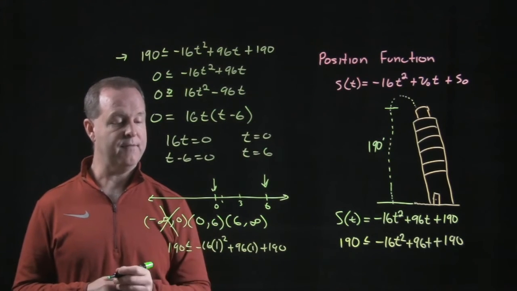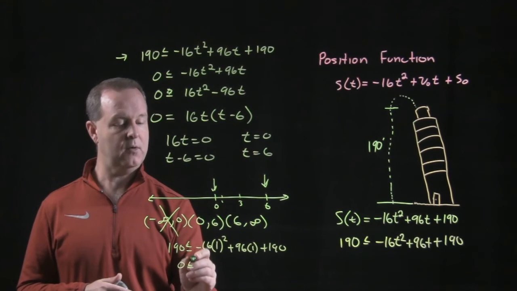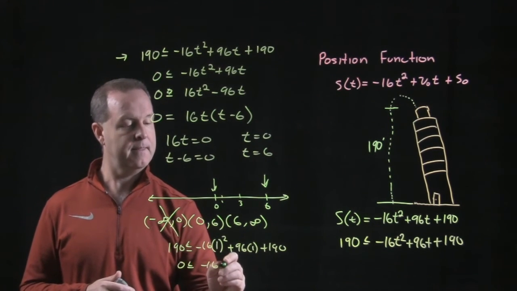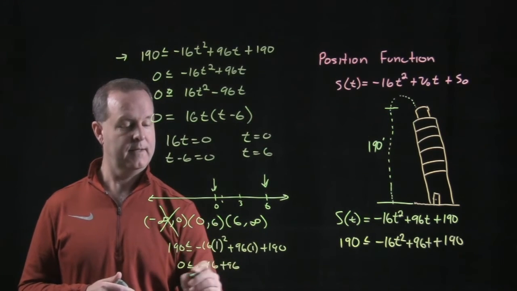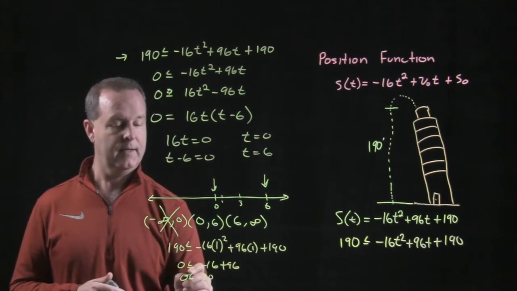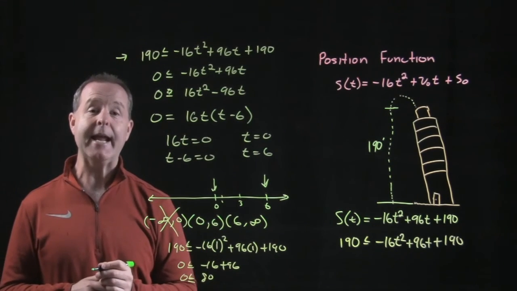I subtract 190 from both sides, which is fine. I'm just going to reduce it first. So then I have 0 is less than or equal to negative 16 plus 96. Add those together, that's 80. Is 0 less than or equal to 80?